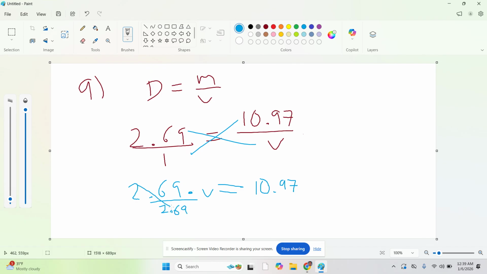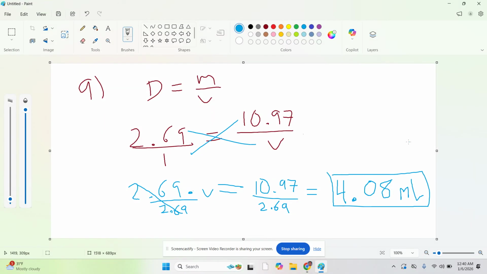So 10.97 divided by 2.69, what does that equal? Well, I'll plug it into my calculator. We get that the volume of this sample of aluminum is 4.08 milliliters. That's the answer, 4.08 milliliters.